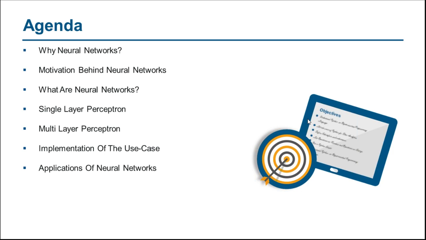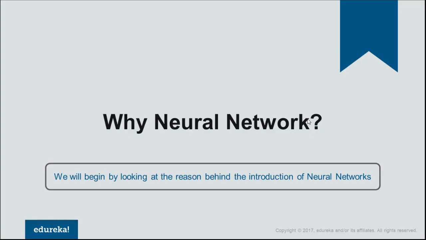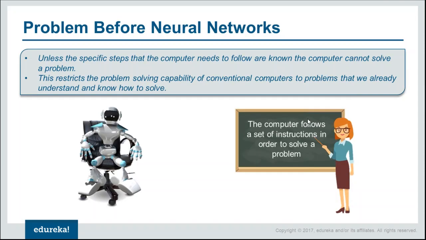First of all, we will begin by looking at the reasons behind the introduction of neural networks. So why do neural networks even come into the picture? Before neural networks existed, unless the specific steps that a computer needs to follow are known, the computer cannot solve a problem.